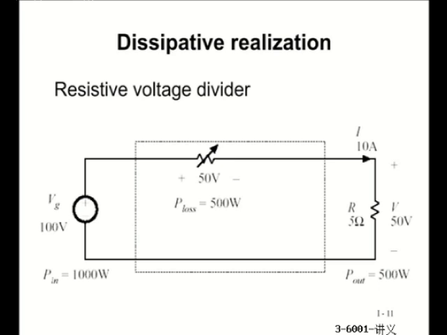The disturbance lies in the load. The load will always be changing with time. Sometimes it's 5 ohm, sometimes it's 5.1 ohm, sometimes 5.2 ohm, sometimes maybe 4.8 ohm.